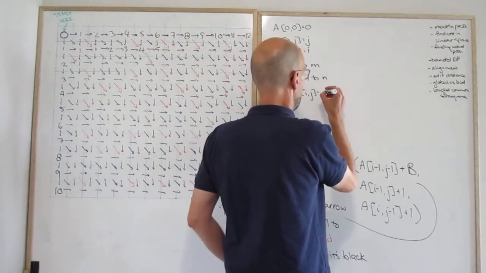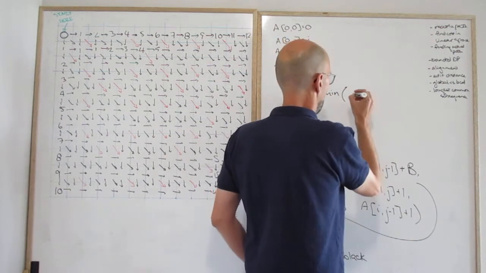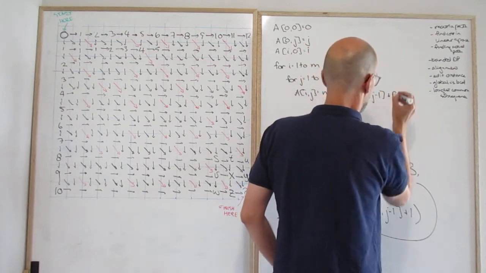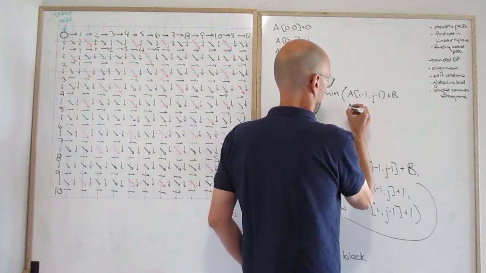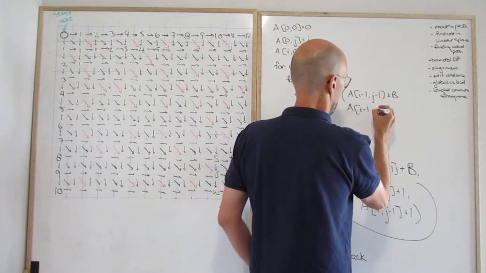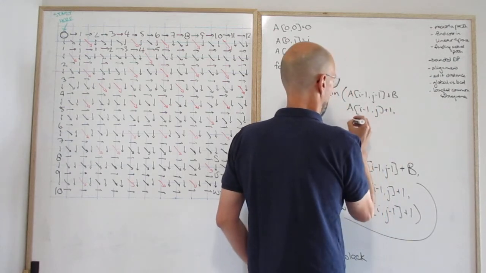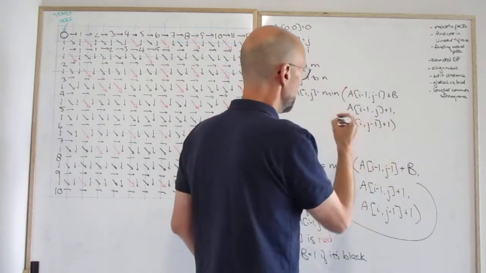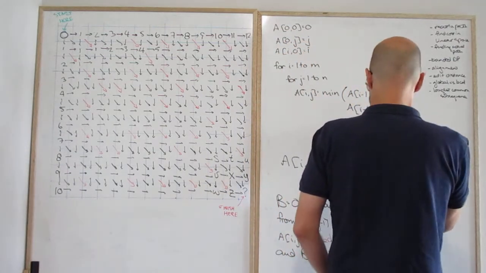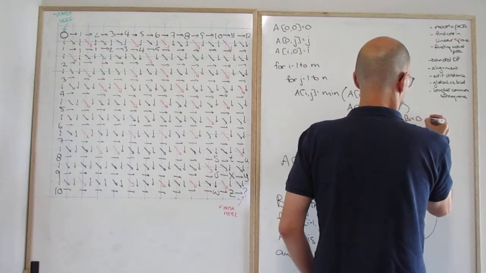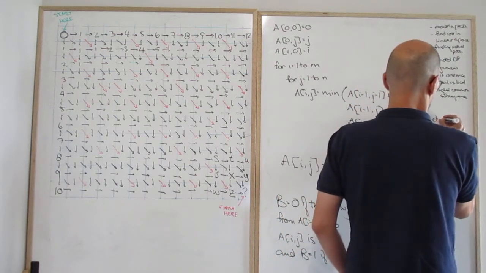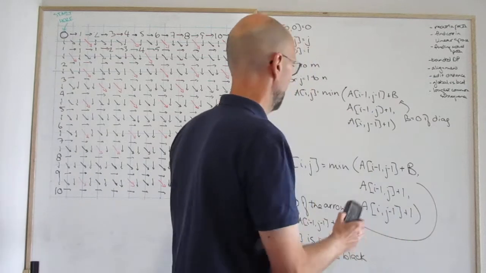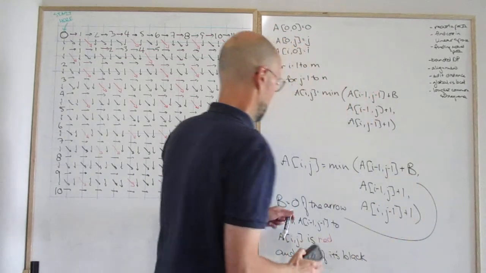A i j equals the min of A i minus 1, j minus 1, plus b, A i minus 1, j plus 1, A i, j minus 1 plus 1, where b equals 0 if diagonal, okay, I just want this, b equals 0.